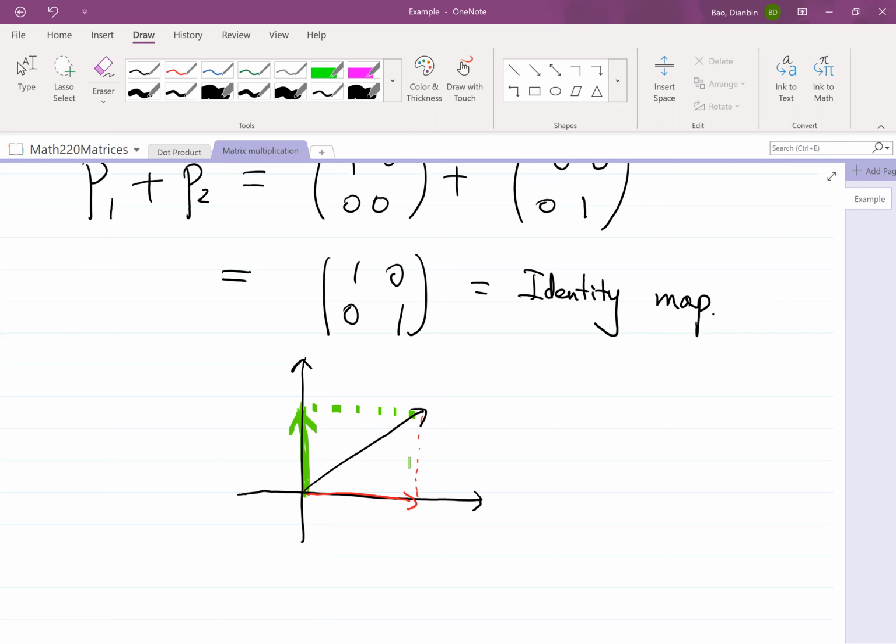With three dimensions, the three projections make the vector complete. This is called the completeness relation.